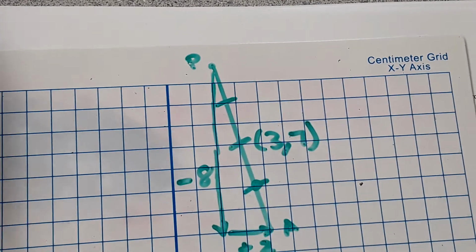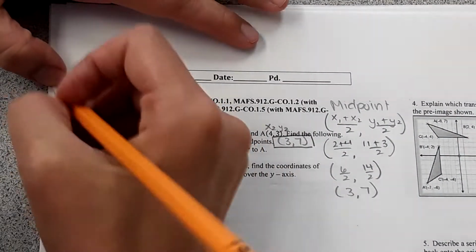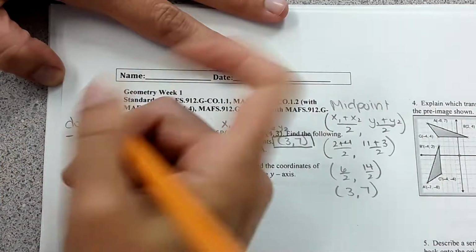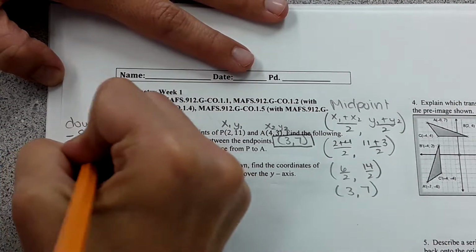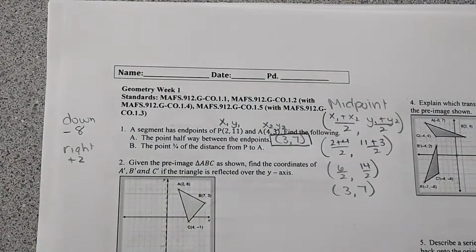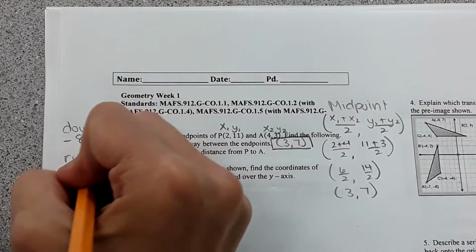But doing the math, and also showing it on our paper so we can use it as a reference, it's going down -8, and to the right, positive 2. And then 3/4 of that, you can multiply by a fraction.